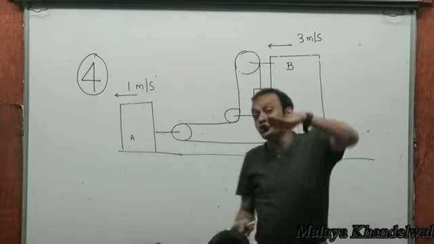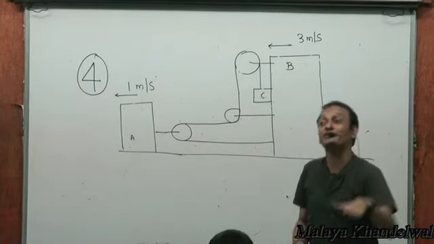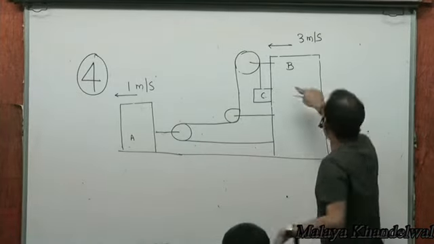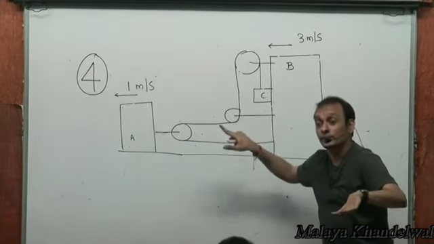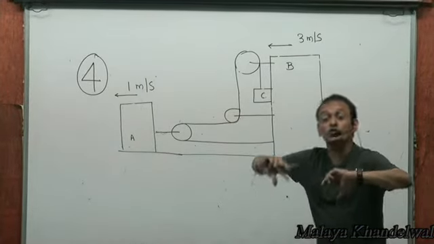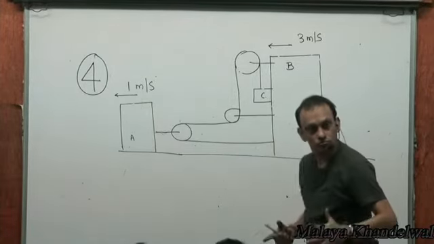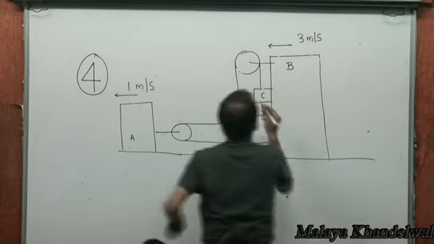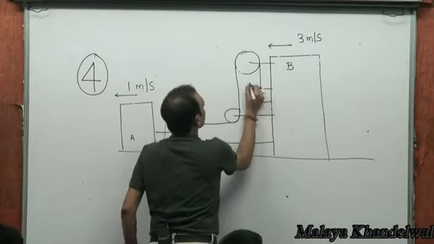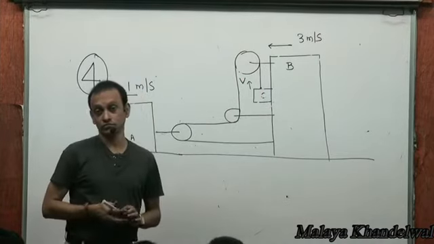And the vertical velocity of C is also the velocity of C with respect to B. Because B has no vertical velocity, if C has a vertical velocity V, as seen from the ground, then that's also the velocity with respect to B. Say C has a relative velocity V with respect to B, which is V like this.